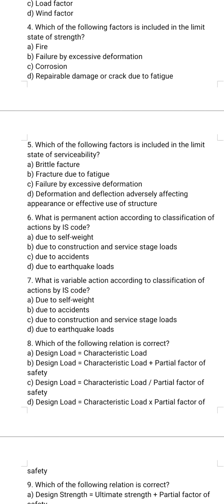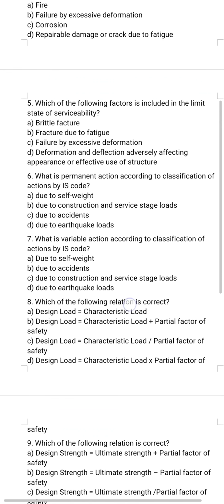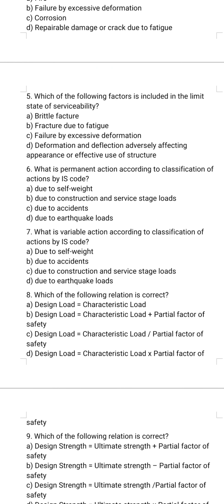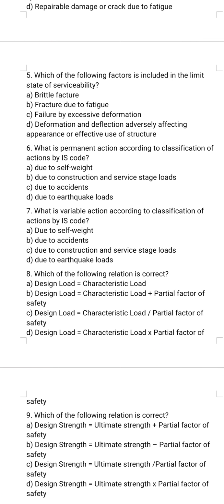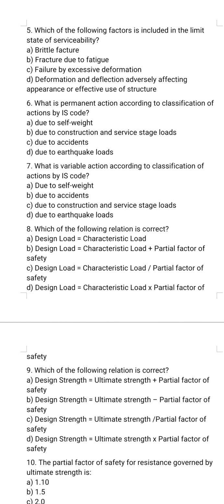So moving to the next question. Question number 6. What are permanent actions according to classification of action by IS code? Permanent actions are actions due to self-weight of structural and non-structural components, fittings, fixed equipment, etc. Your answer should be based on that. So moving to question number 7.